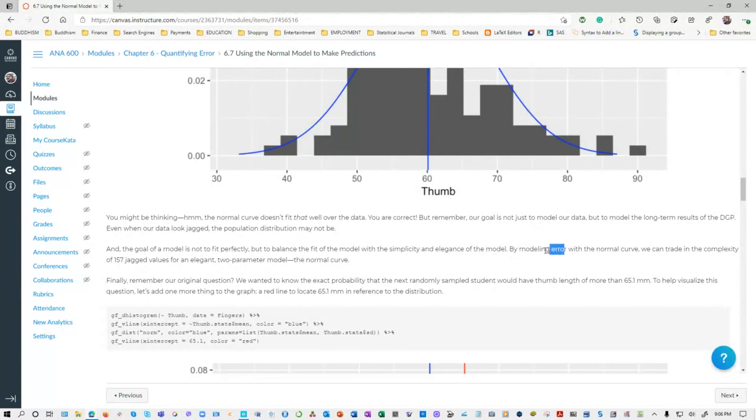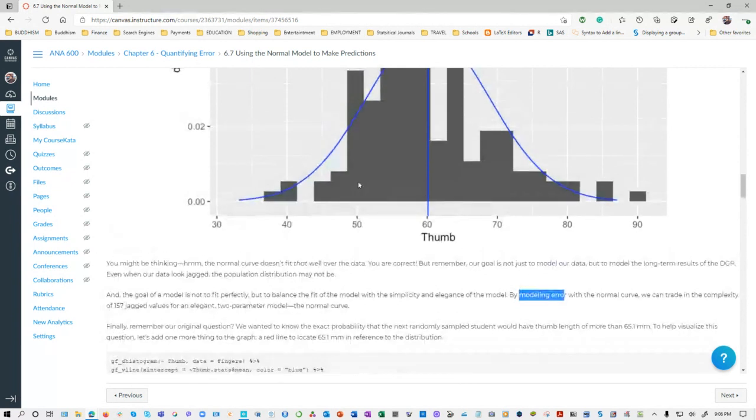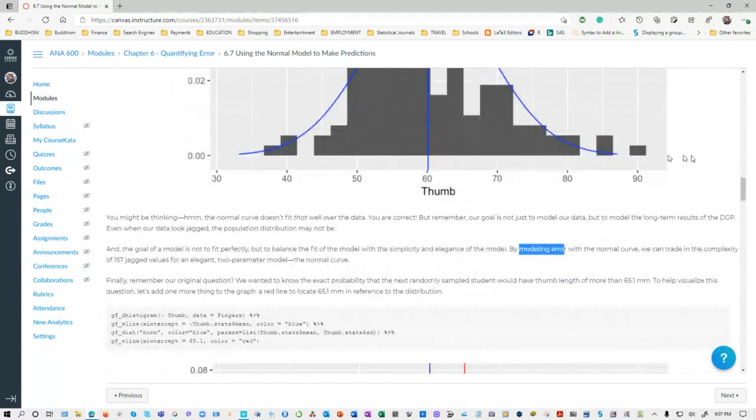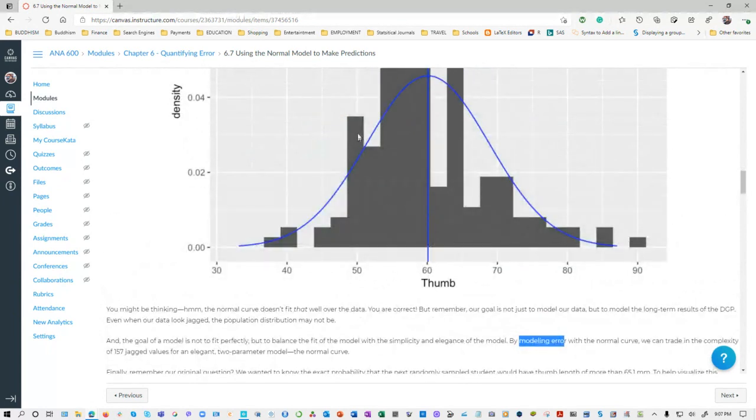We're only trying to model error with the normal curve, and we can trade in the complexity of 156 jagged values. Look at those values, but like that, it's never going to be like this.